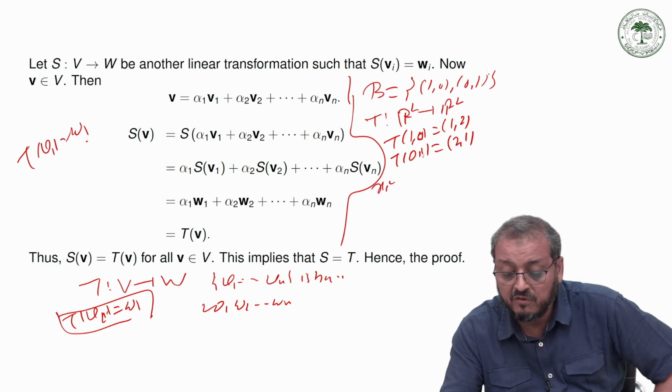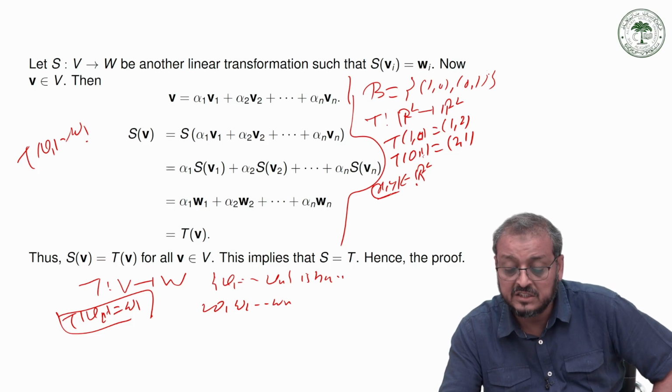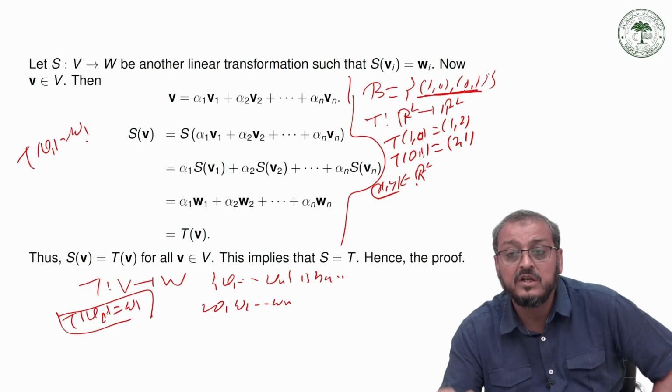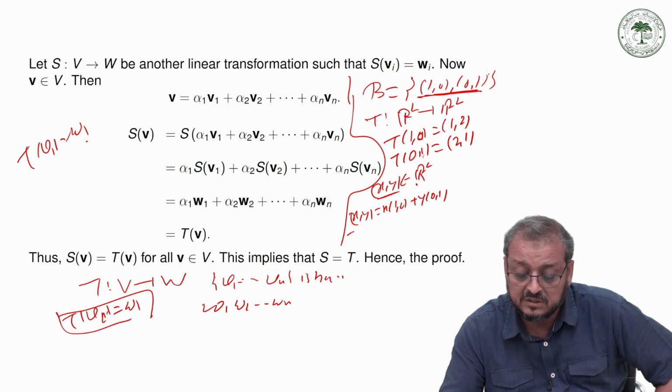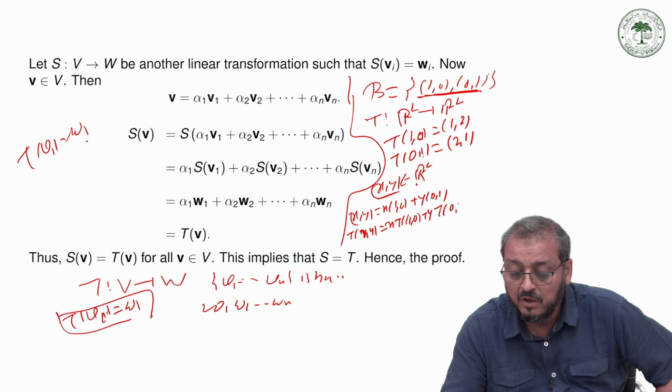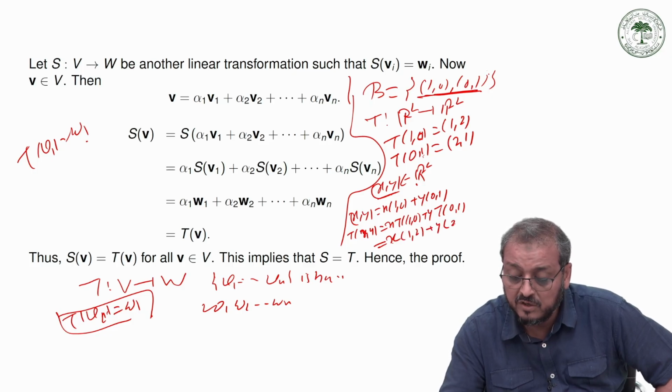If (x,y) is an arbitrary element of R2, it can be written as a finite linear combination: x times (1,0) plus y times (0,1). Then T of (x,y) equals x times T of (1,0) plus y times T of (0,1), which is x times (1,2) plus y times (2,1).